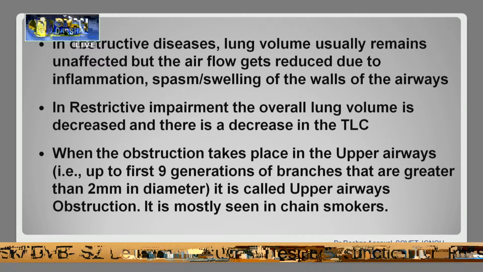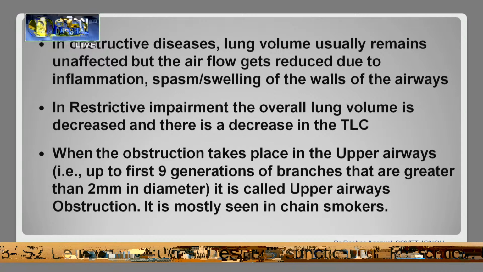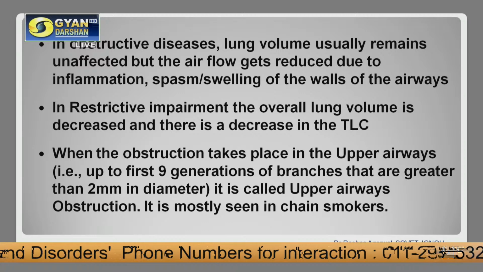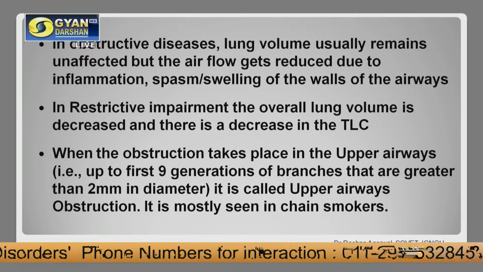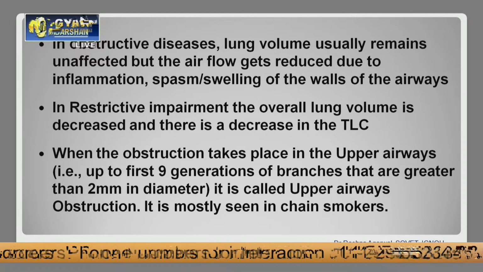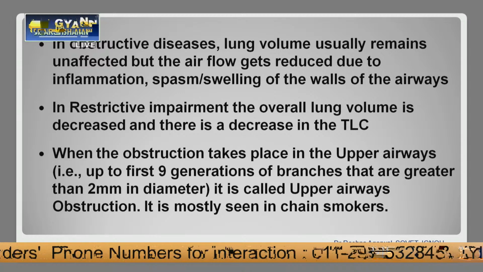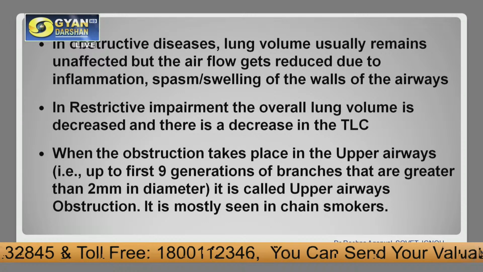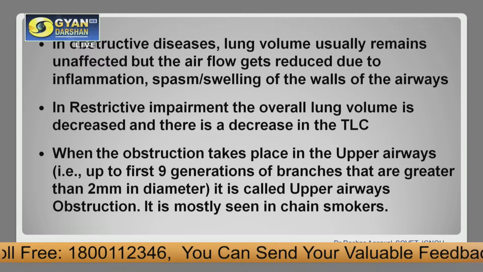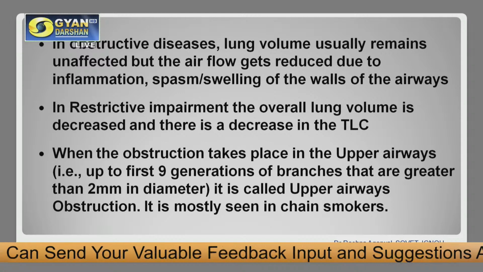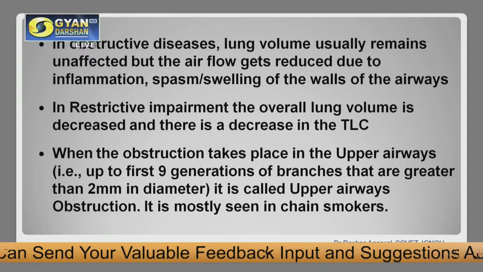Now there are various numbers of generations, we can say up till maybe 16 or 17 or 18. If in the first 9 generations of the branching of the tubes, that is when the diameter of the airways is still more than 2 millimeters in diameter, we say that these structures comprise the upper airways.